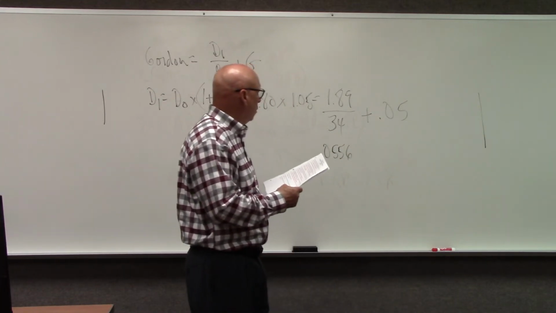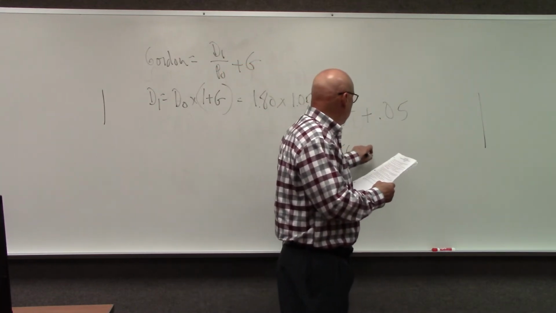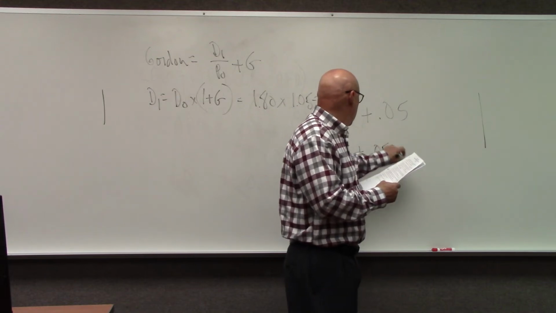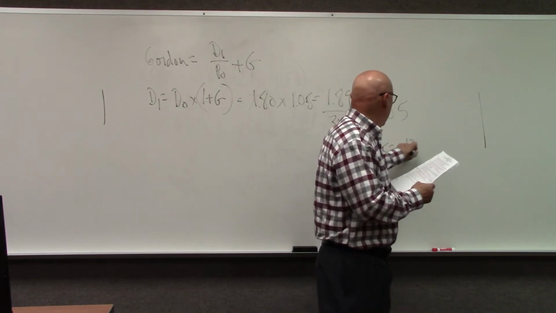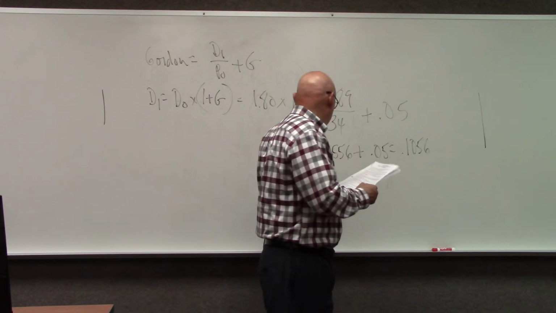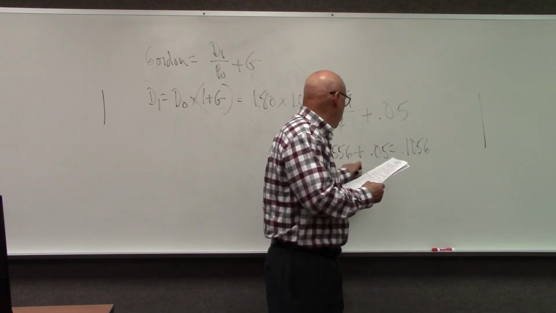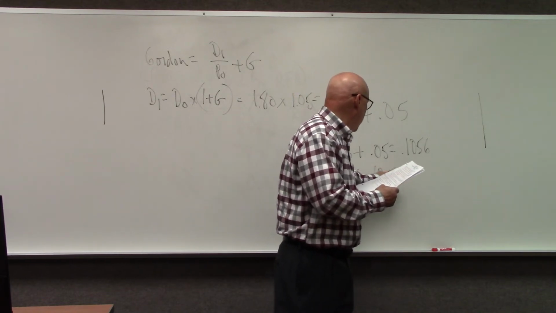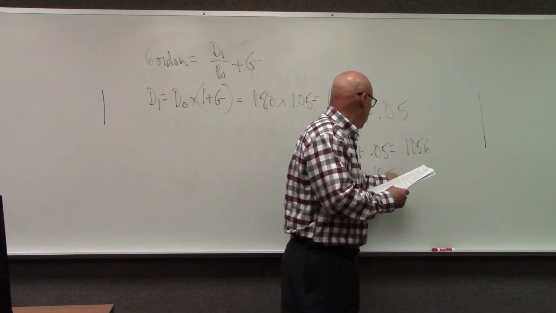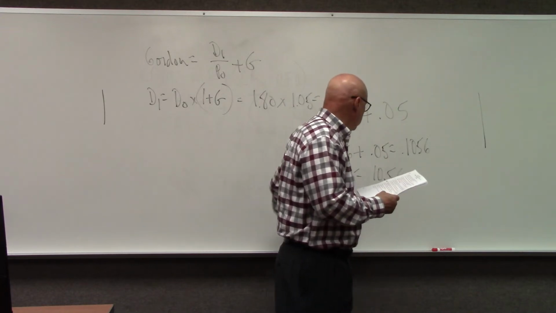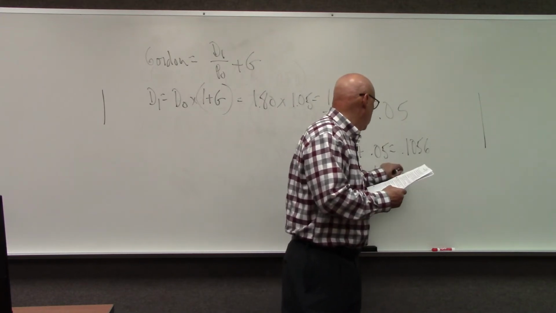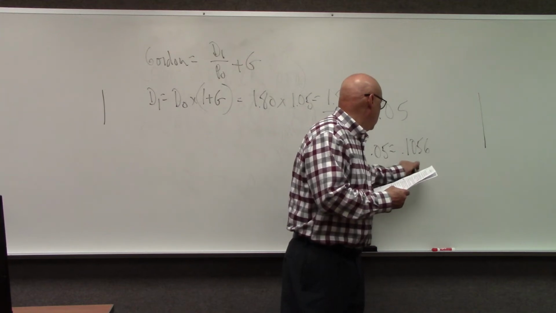That's the dividend yield. Plus 0.05 equals 0.1056, times 100 equals 10.556 percent.